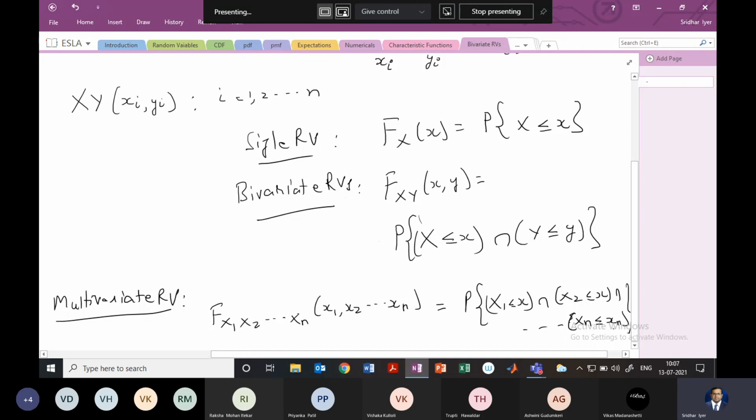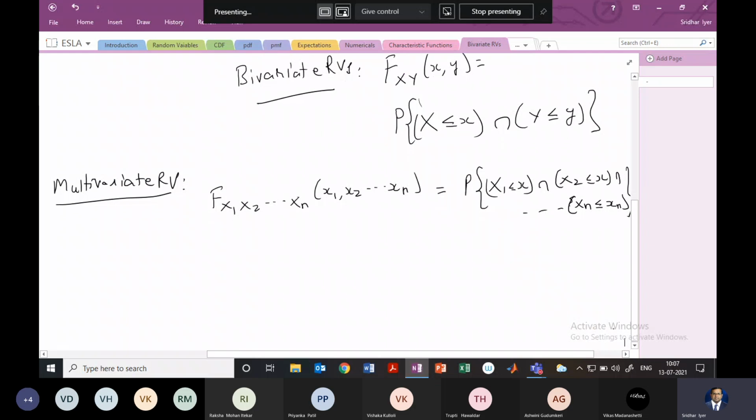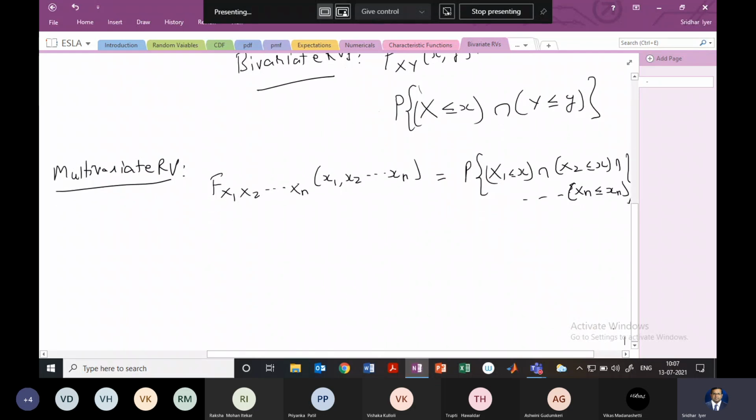So we can extend this idea to multivariate random variables as well. But we are not going to do that.